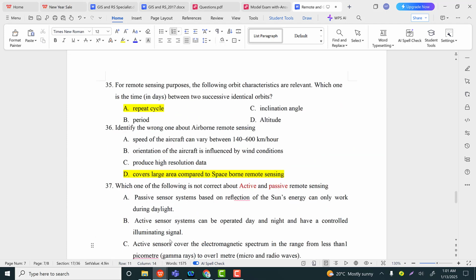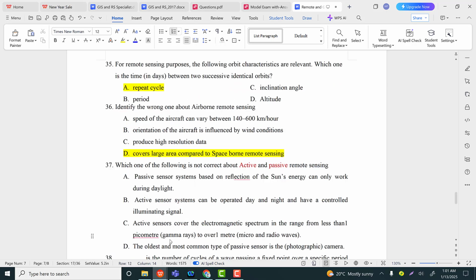Question number 37. Which one of the following is not correct about active and passive remote sensing? A. A passive sensor system based on reflection of the sun's energy can only work during daylight. B. An active sensor system can be operated day and night and has a controlled illuminating signal.